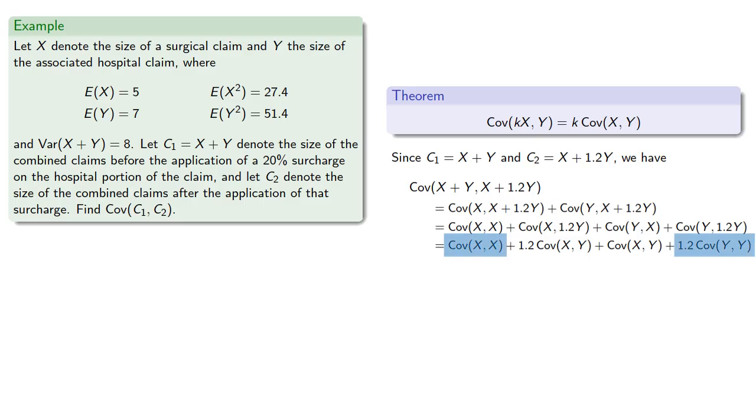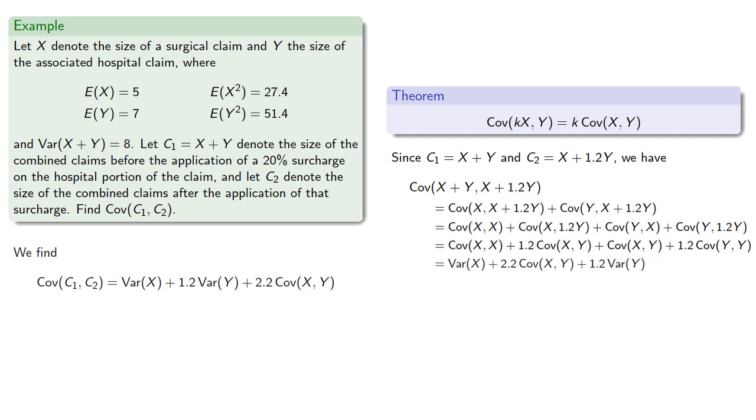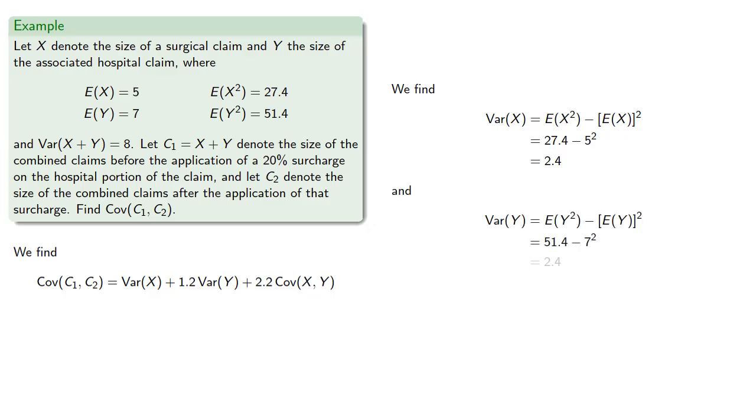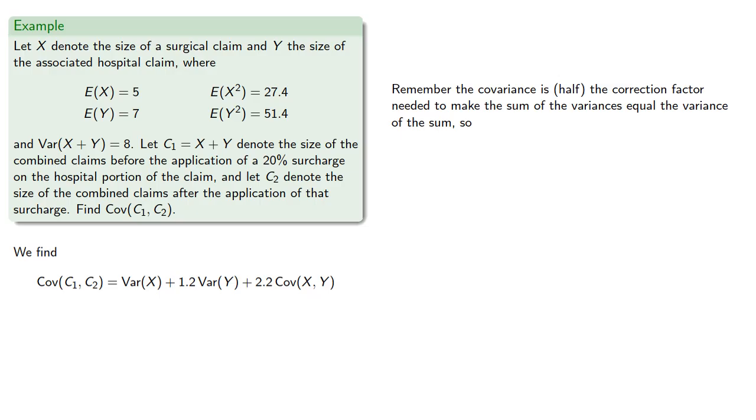Now remember, the covariance of a variable with itself is just the variance, so we get the variance of X, the variance of Y. Since we have the expected value of X and X squared, we can find the variance of X, and likewise the variance of Y. Remember, the covariance is half the correction factor needed to make the sum of the variances equal to the variance of the sum.